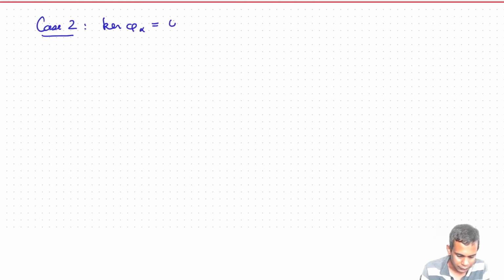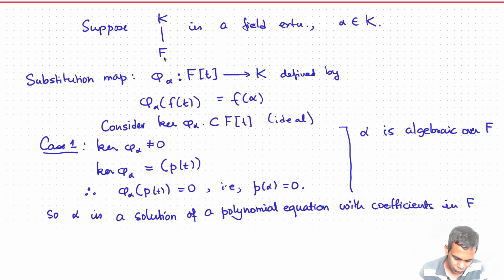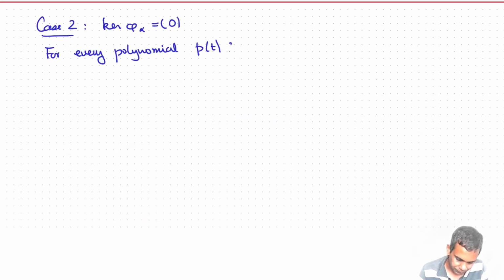The second case is where the kernel of phi alpha is trivial. In this case, for every polynomial P(t), so we are looking at polynomials with coefficients in F. For every polynomial P(t) in F[t], P of alpha is non-zero.